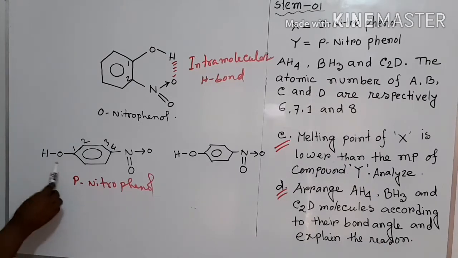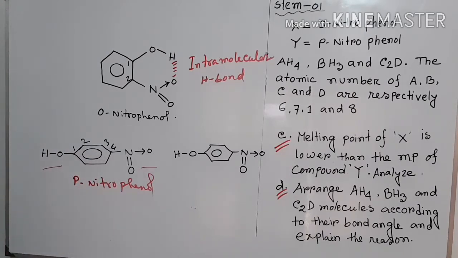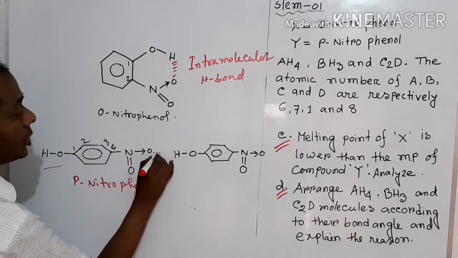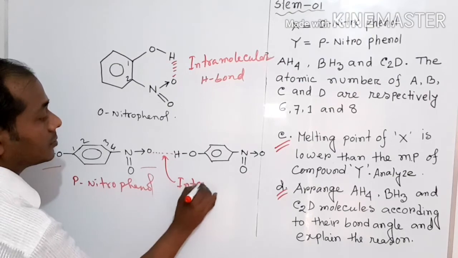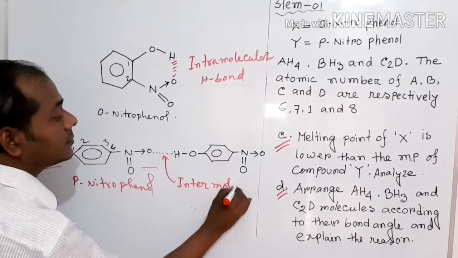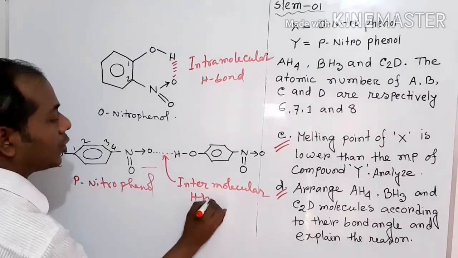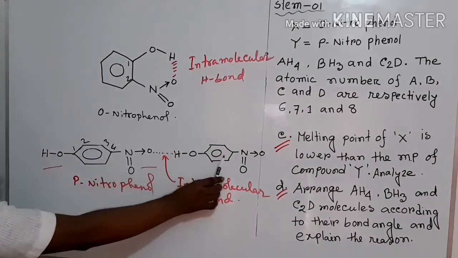On the other hand, in paranitrophenol, the hydroxyl group and nitro group are located at 1 and 4 positions. As a result, intermolecular hydrogen bond forms between these molecules.